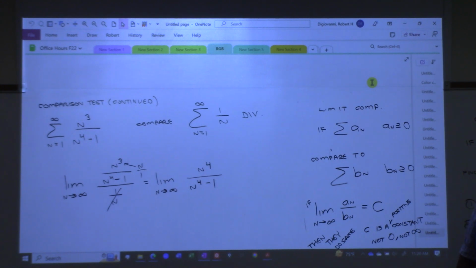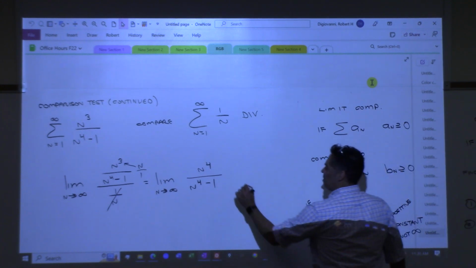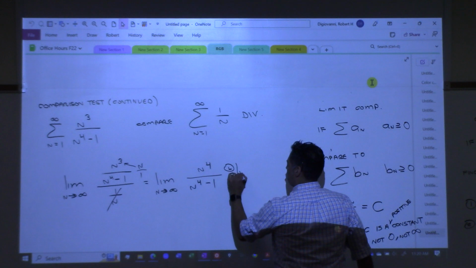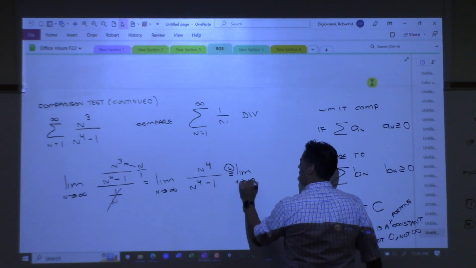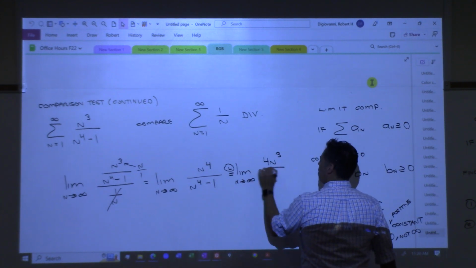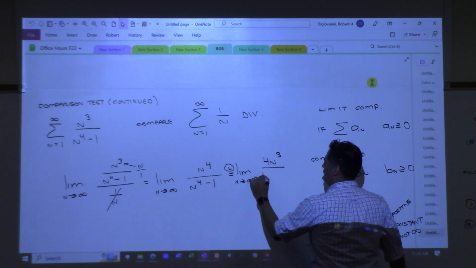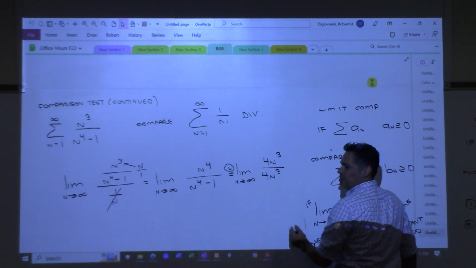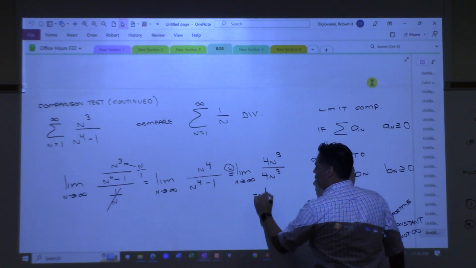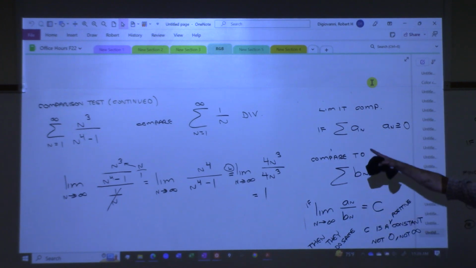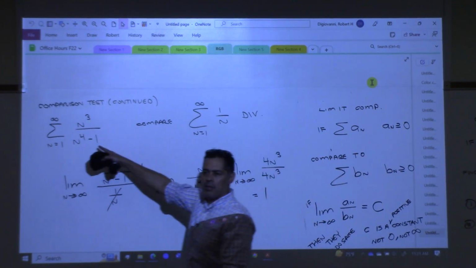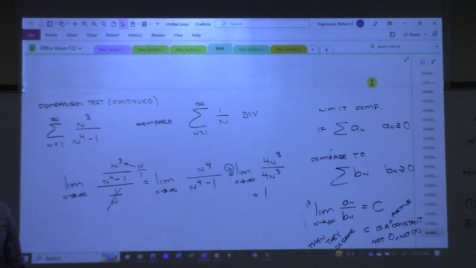Let n go to infinity, you get infinity over infinity, L'Hopital. 4n cubed over 4n cubed again. And hey, that's going to just reduce out and become a 1 again. It's a positive constant. Whatever that one did, that one does as well. Okay?